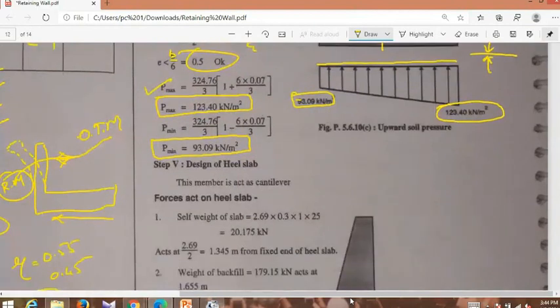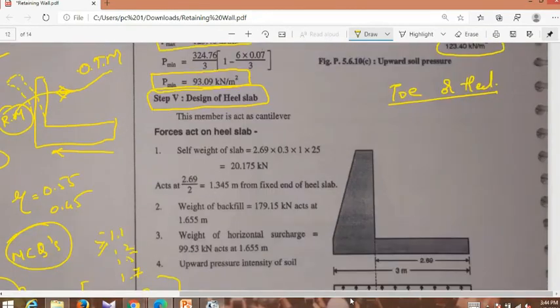Then the most important thing is designing of the slab. It may be the toe slab or the heel slab, everything is the same. Now, for the heel slab, we know all the dimensions. First thing we will do is determine the self weight of the slab.